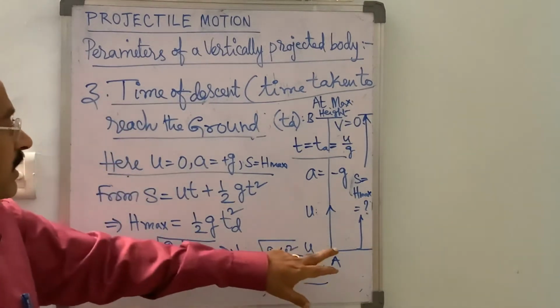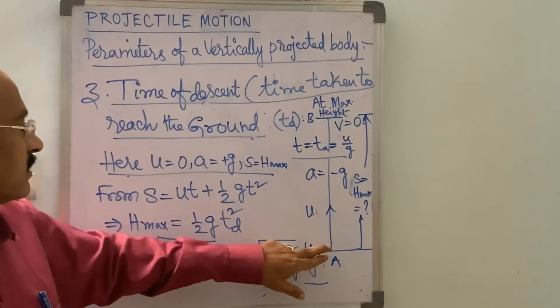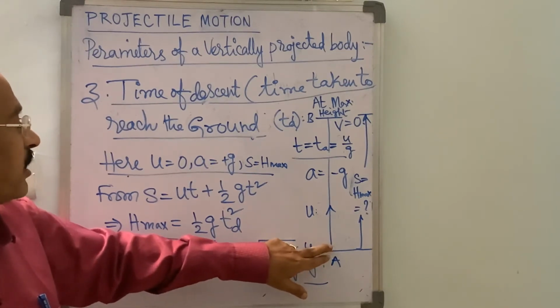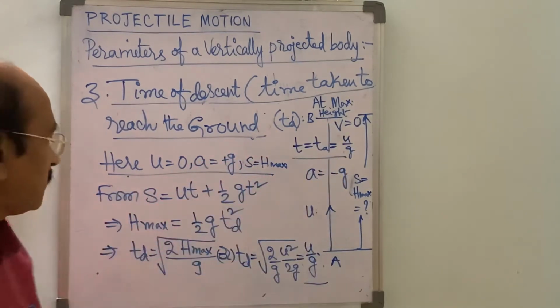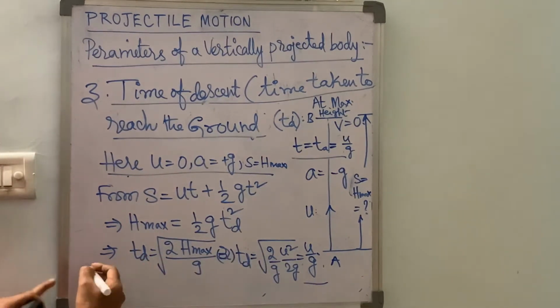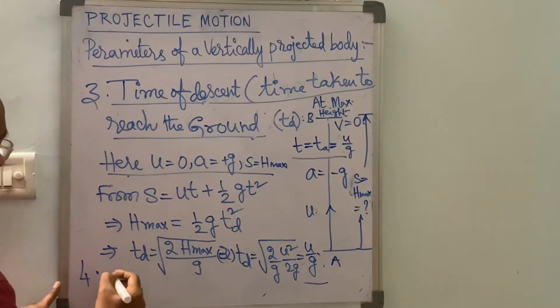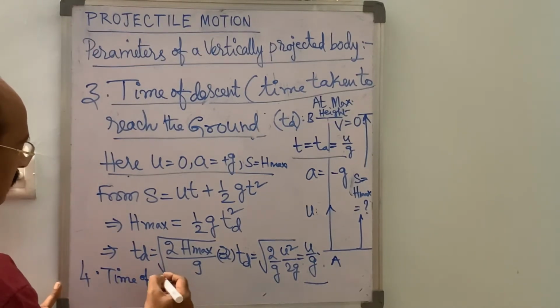Now, total journey time, that is the time for which the body remains in air, is equal to time of ascent plus time of descent. That is u by g plus u by g, that is 2u by g. That is called time of flight, or total journey time.